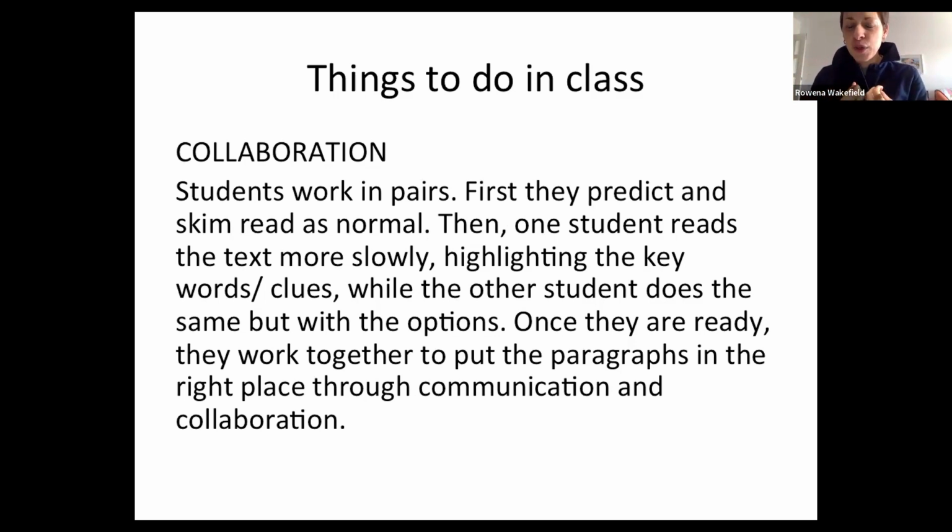Then they work together to complete it. For example, for the first one, the person who read the text could say, okay, in my first gap, before the gap they were talking about this, and after they were talking about this.